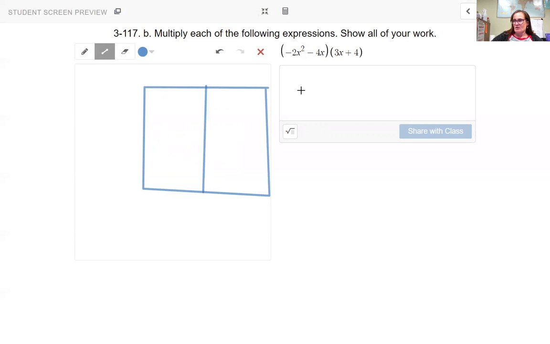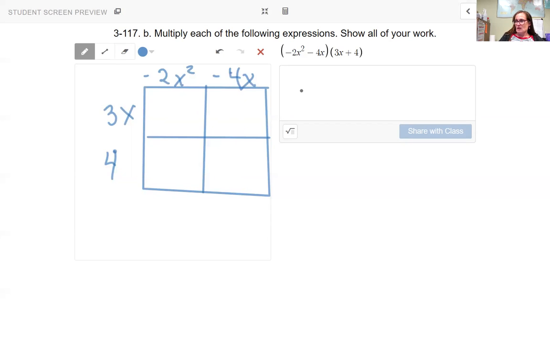Have to turn it back how it's supposed to be, I guess. Okay, so let's see. Negative 2x squared on top minus 4x. So I need to make sure that these go together. Okay, and then 3x plus 4.